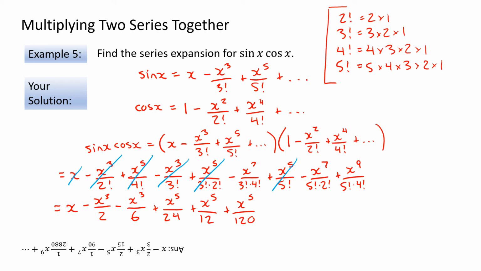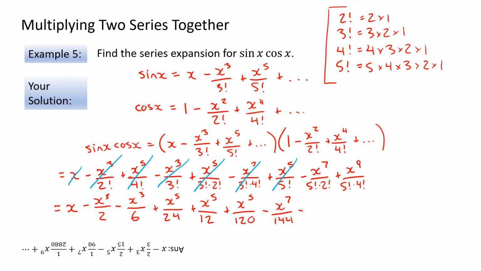Now, we don't have an x to the exponent 6, we have an x to the exponent 7. So our first term is minus x to the exponent 7 divided by 3 factorial times 4 factorial. And that comes out to 144. That gets rid of this term.